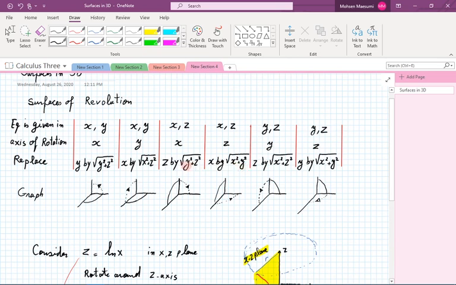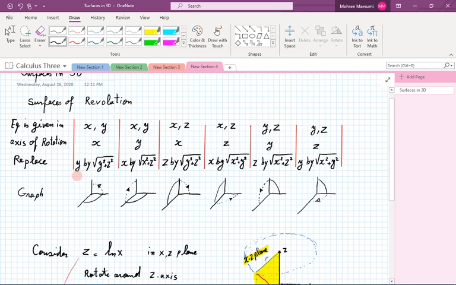Of the three, two of them are squared and added up. The third one, the one that is not in this mix, becomes the axis of rotation, and you have a choice of two ways of creating that curve.